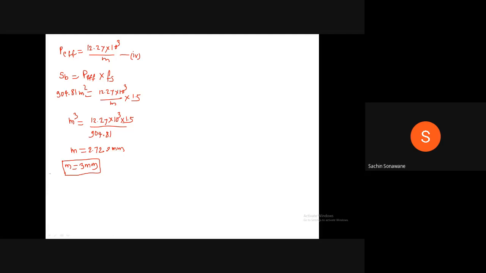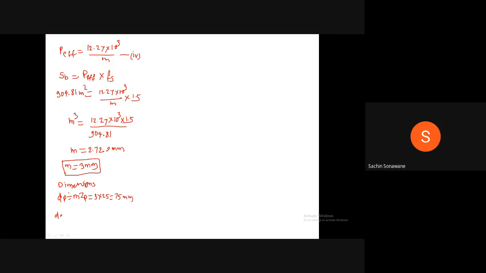Therefore, now determine the dimensions. dp is equal to m into zp, which is 3 into 25, equal to 75 mm.